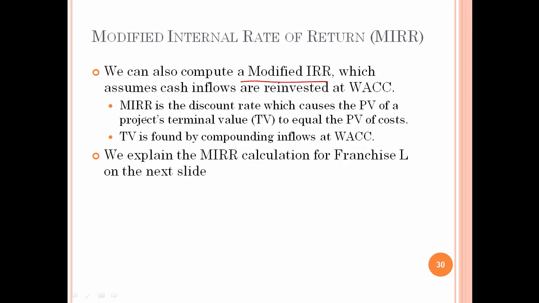The definition of MIRR is that it is a discount rate which causes the present value of a project's terminal value to equal the present value of cost. This so-called terminal value is calculated by compounding inflows at WACC, or say assuming these cash inflows are reinvested at WACC.